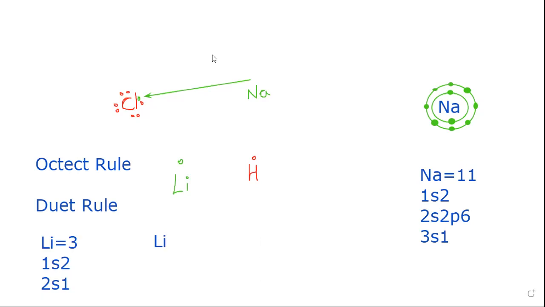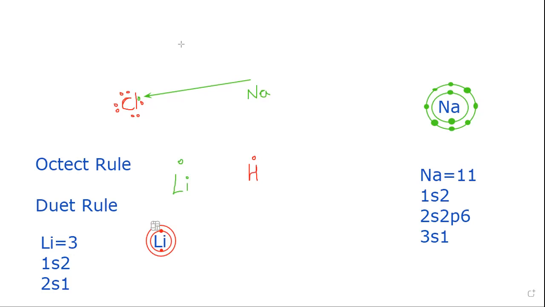So if I do the Bohr structure for lithium, I draw the ring around it. And then it's 2 rings, two energy levels. So 1 and 2. In the first energy level, which is the first ring, it has 2 electrons, 1 and 2. And in the second energy level, it has 1.